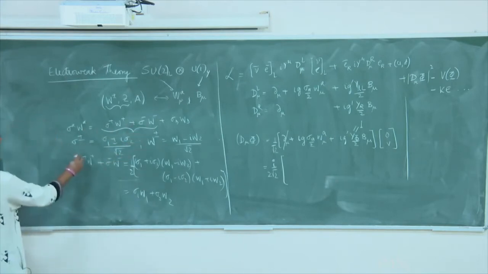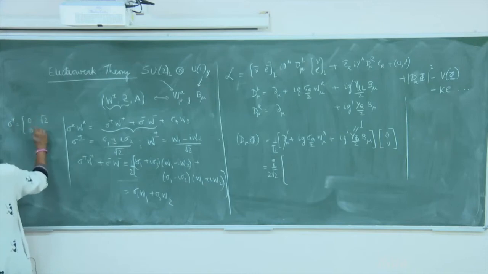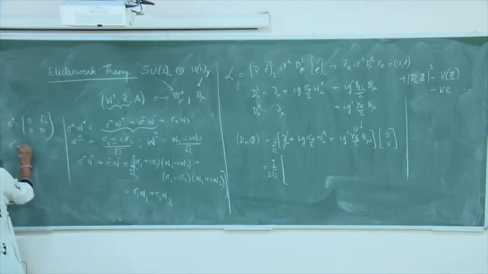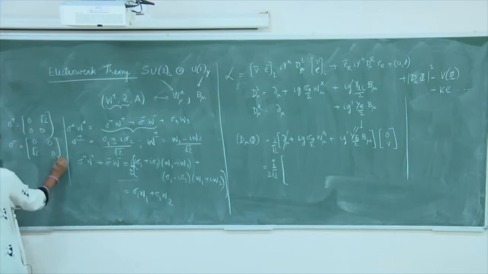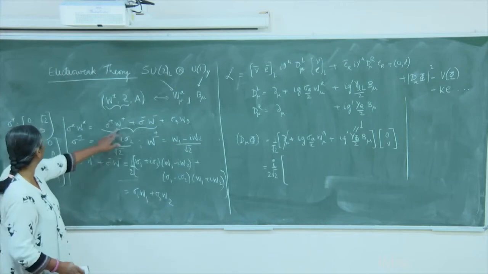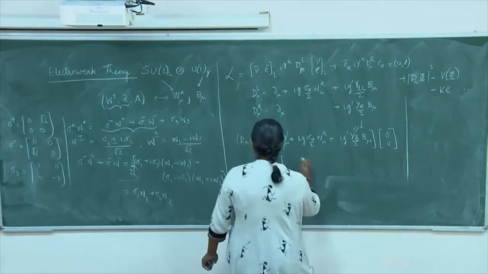Now what is sigma plus? It is the raising operator. So let me write it over here. Sigma plus is 0 root 2, 0 0. This is trivial, you can just multiply this and check. Sigma minus is 0 root 2, the lowering operator, and sigma 3 is 1 0 0 minus 1. So when I do sigma plus into W plus, I get root 2 W plus. So let me write it here.